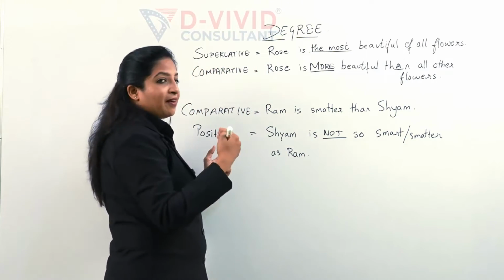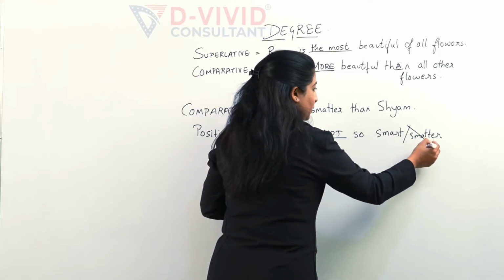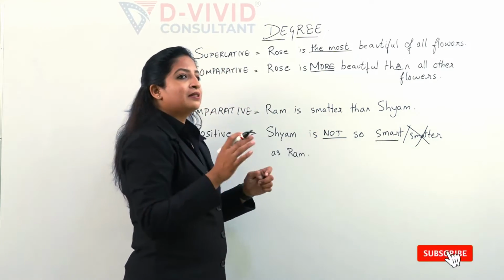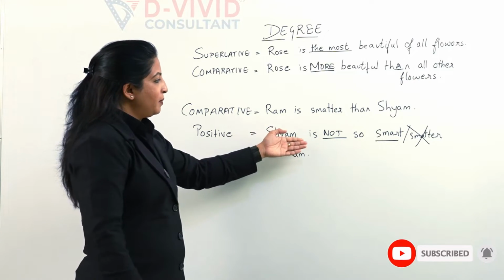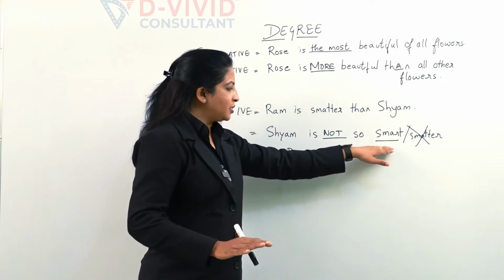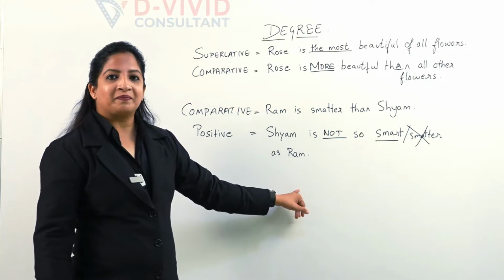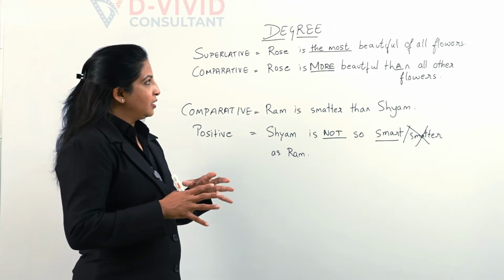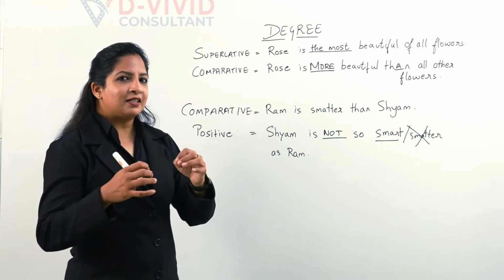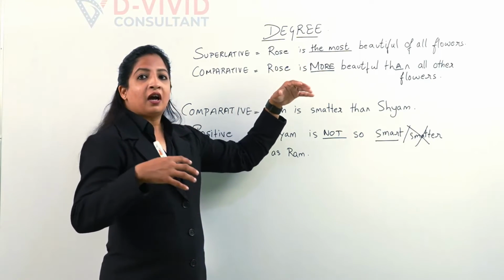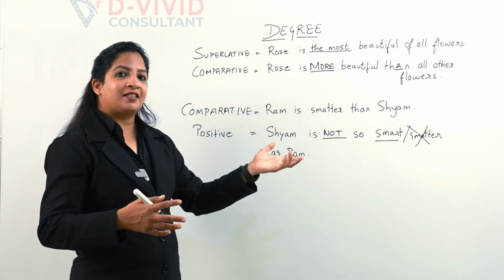Yes, because we are having the positive degree, we are going to use smart. So now it comes, "Shyam is not so smart as Ram." So I guess now you have become a little self-reliant on how to change degrees.